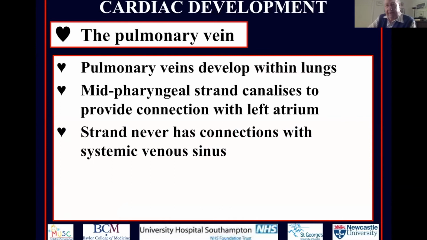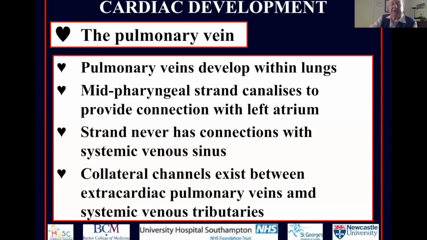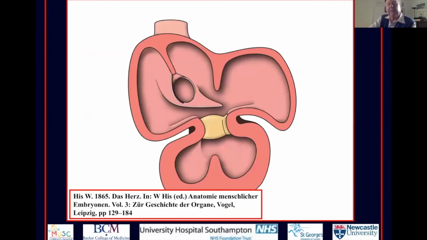And that strand never has connections with the systemic venous sinus, but there are collateral channels that potentially can connect those intrapulmonary veins with systemic veins should that midpharyngeal strand not canalize. And that is why, in absence of canalization of the midpharyngeal strand, we can have the venous anomalies I'm going to describe to you.